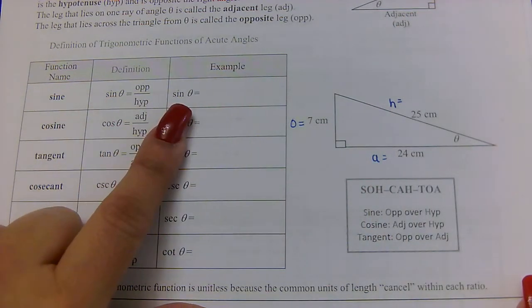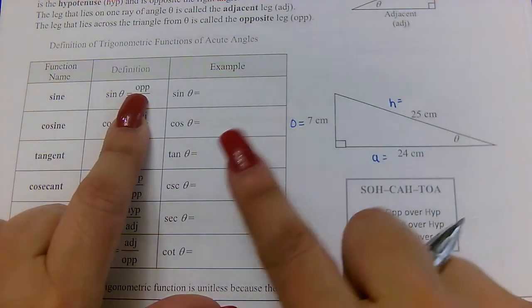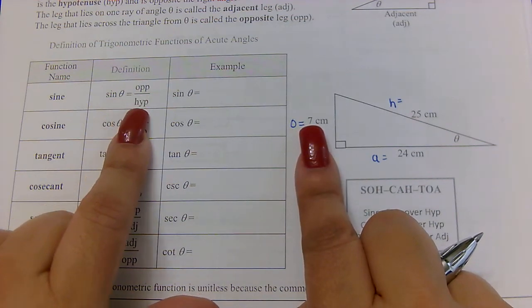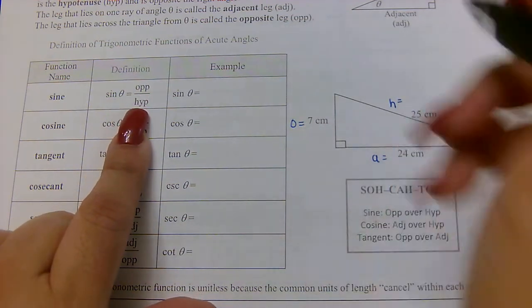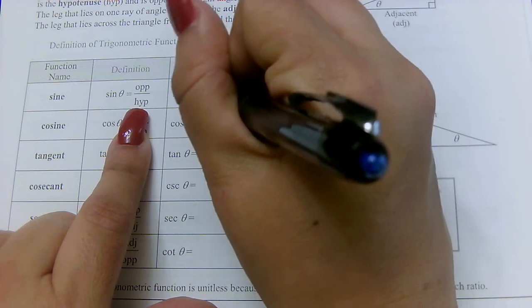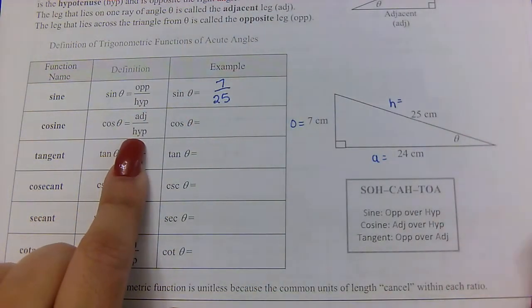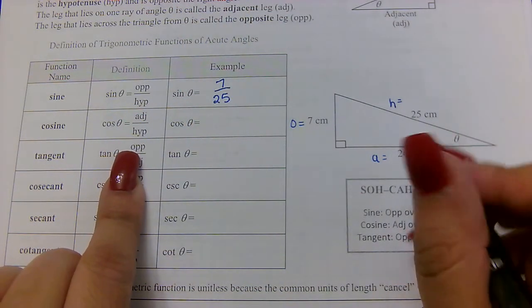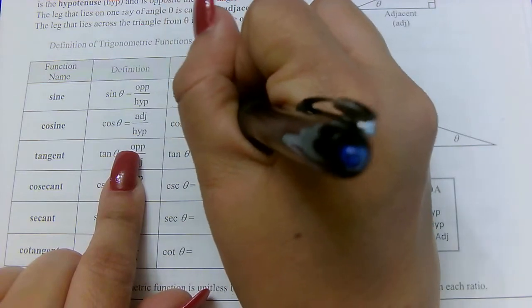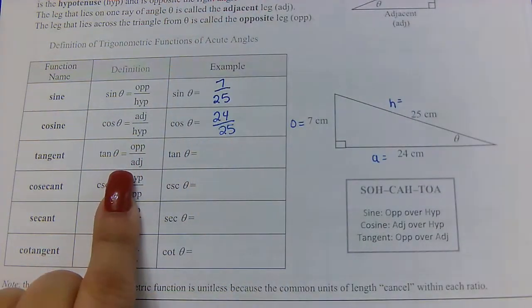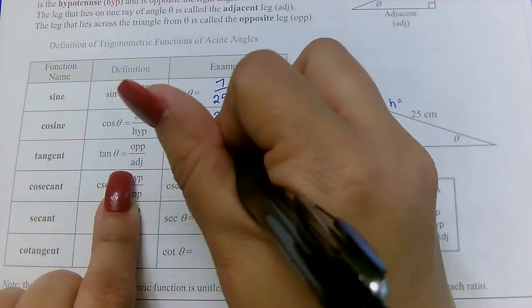All right, now all we're going to do is go across here and look at them. Opposite, that's 7, hypotenuse, 25. So this will be 7 over 25. Okay, adjacent, 24 over 25. Opposite over adjacent, that's 7 over 24.